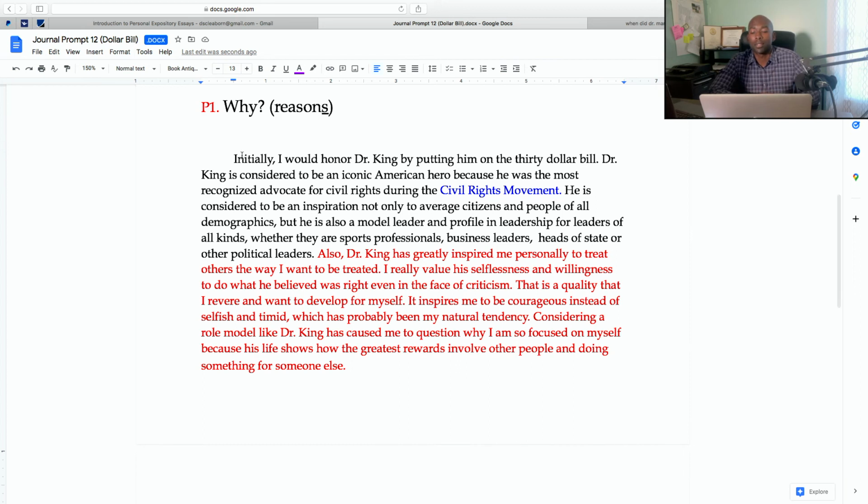Okay, so it says, initially, I would honor Dr. King by putting him on the $30 bill. Dr. King is considered to be an iconic American hero because he was the most recognized advocate for civil rights during the civil rights movement. He is considered to be an inspiration not only to average citizens and people of all demographics, but he is also a model leader and profile in leadership for leaders of all kinds, whether they are sports professionals, business leaders, heads of state, or other political leaders.